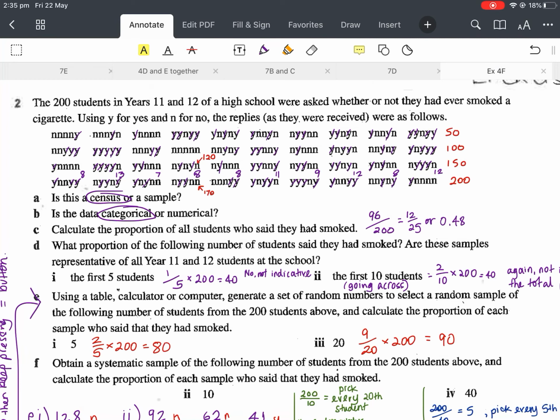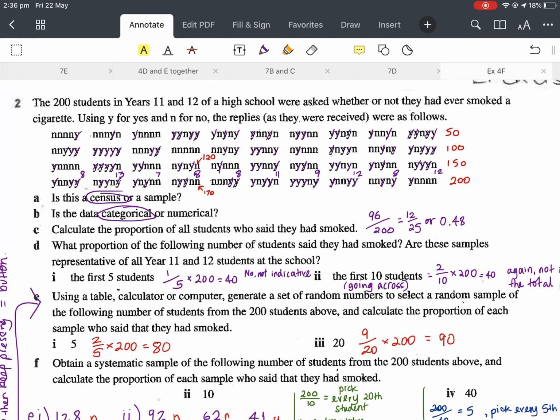Now in D part 2, the first 10 students, I counted all the yeses. In the first 2 sets of 5s, there were only 2. So going across, there's only 2 out of 10. If I multiply that by 200, I get 40. Again, just above, we figured out that it was 96 out of 200.